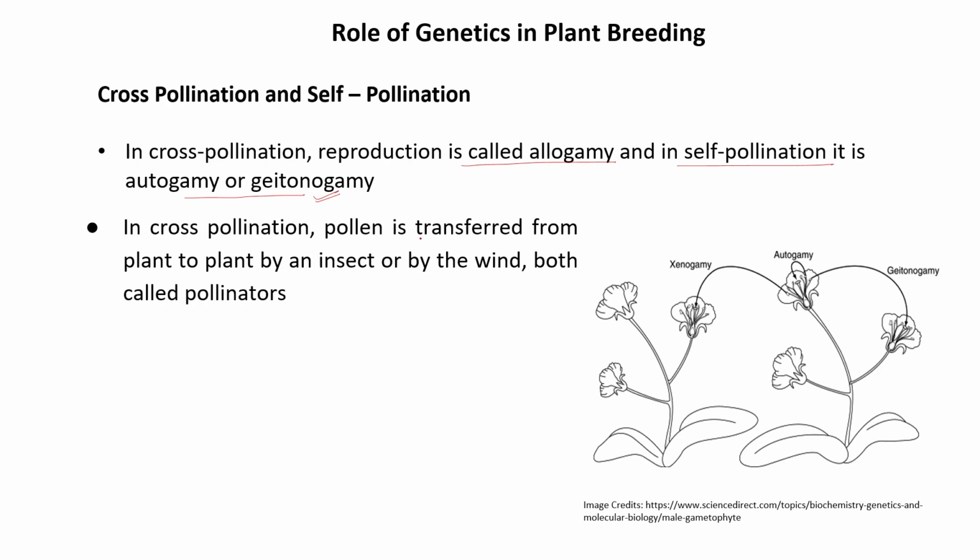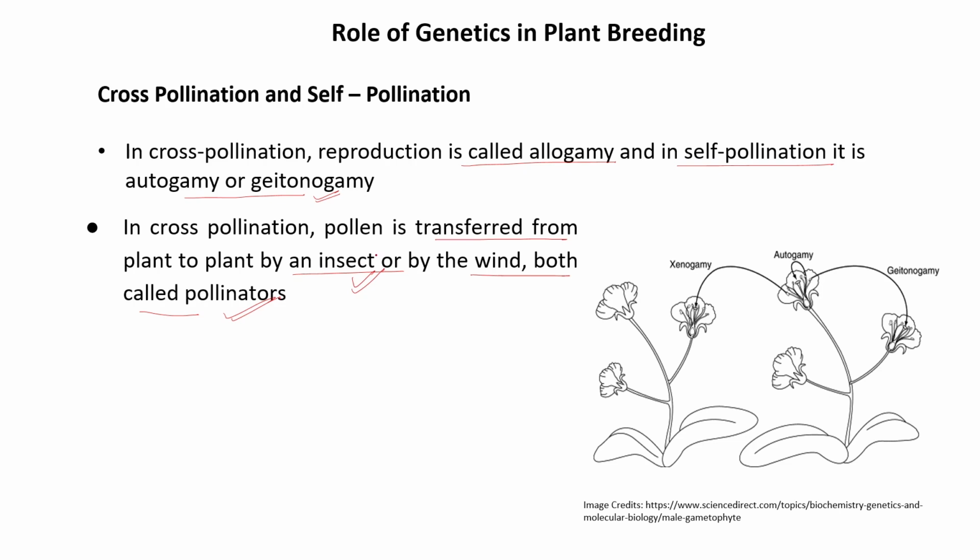In cross-pollination, pollen is transferred from plant to plant by an insect or by the wind, both called pollinators. In some plants, we require different agencies like insects or wind, sometimes water also, right?